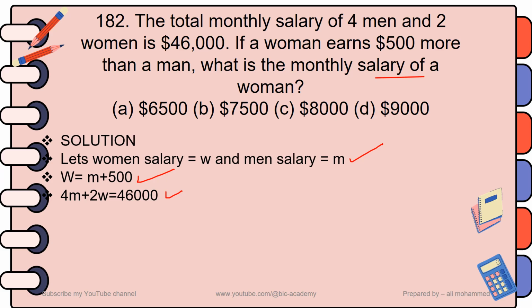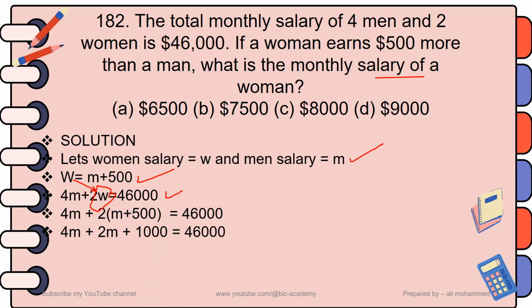Now, let us substitute the value of W from the first equation into the second one. We have W = M + 500, and let's insert this value here. So we get 4M + 2 times (M + 500), which is equal to 46,000.